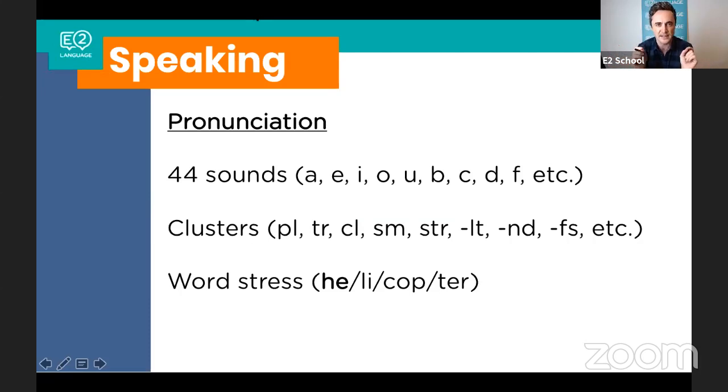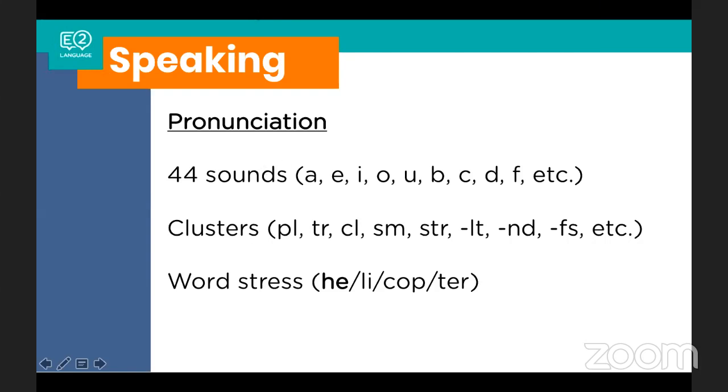It's not until you actually hear that word being spoken that you know that the stress is on that particular syllable. The syllable might be at the beginning, the middle, or the end, and you just don't know until you hear it. There is a way to find this out by looking in the dictionary. That I think it's the Cambridge English Dictionary. They actually have a little symbol that tells you where the stress is. So that's another part of speaking, is word stress.